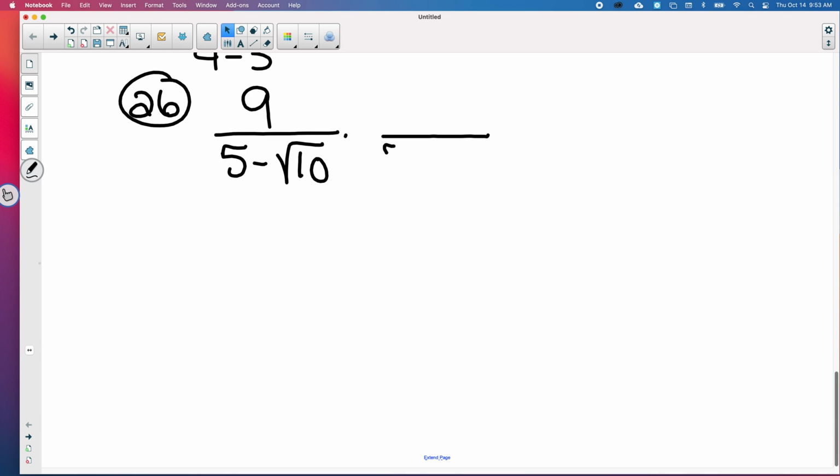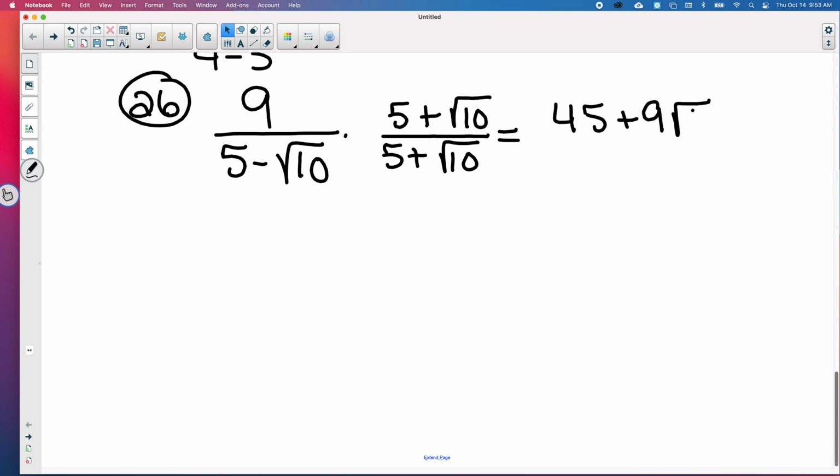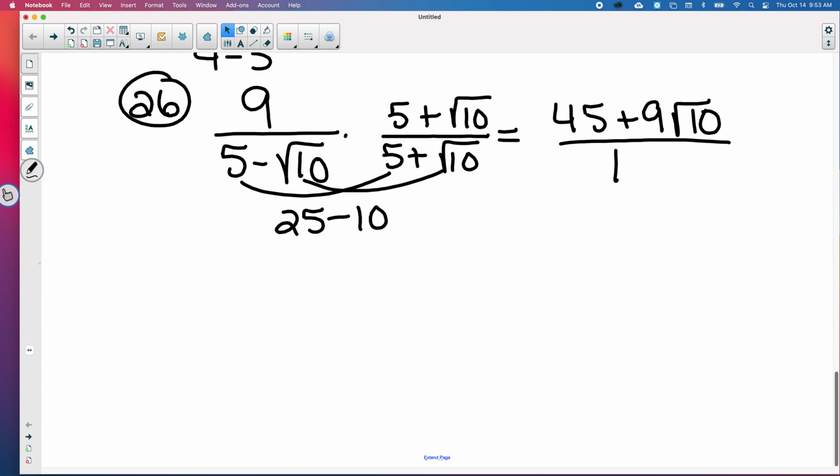So you multiply by 5 plus radical 10. I think that'll simplify. So on top you would have 45 plus 9 radical 10. And then on bottom, if you do first, you'd have 25, and then minus 10, which would be 15.